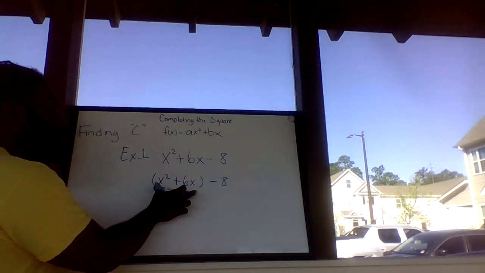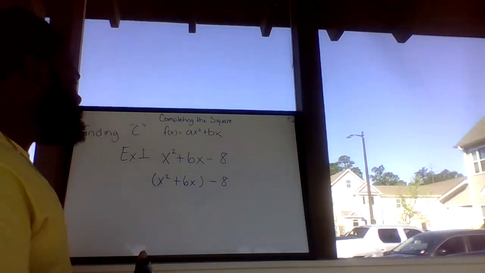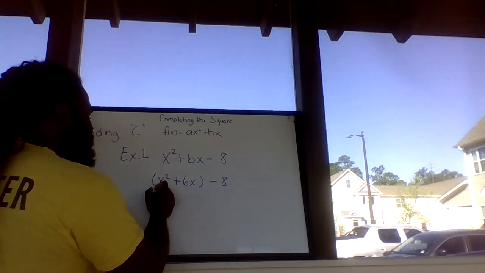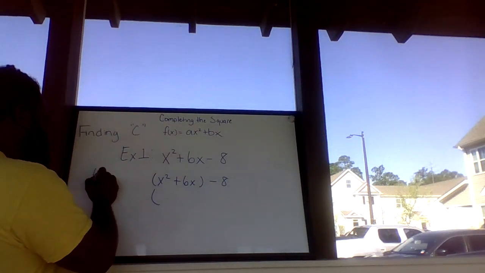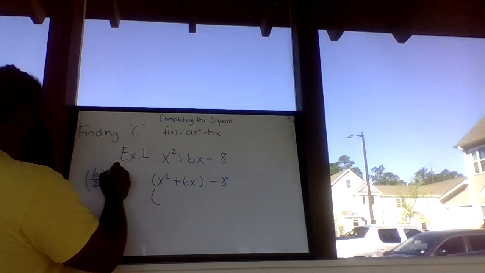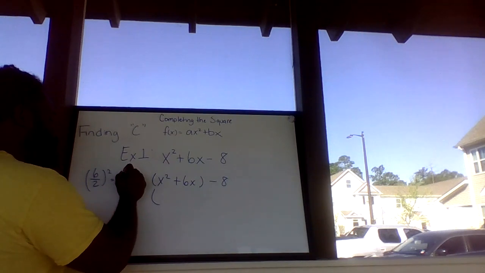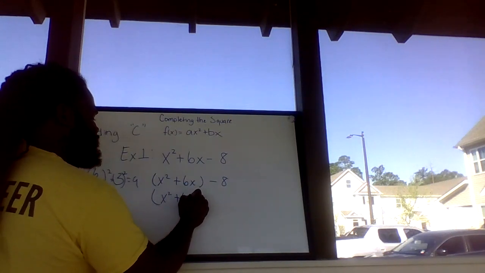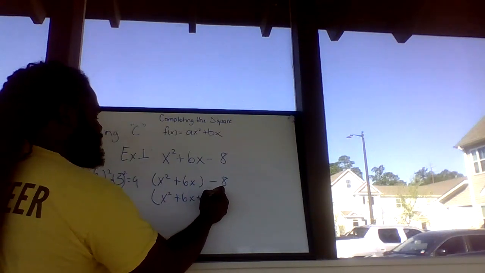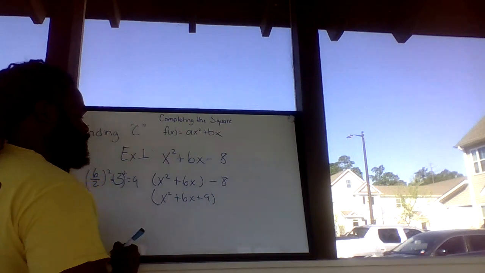We're going to use these first two terms in order to complete the square. So again, we're going to take half of my b value, which would give me 6 over 2, which gives me 3 squared, which is 9, and we've completed the square. We get 6x plus 9. That goes in here.